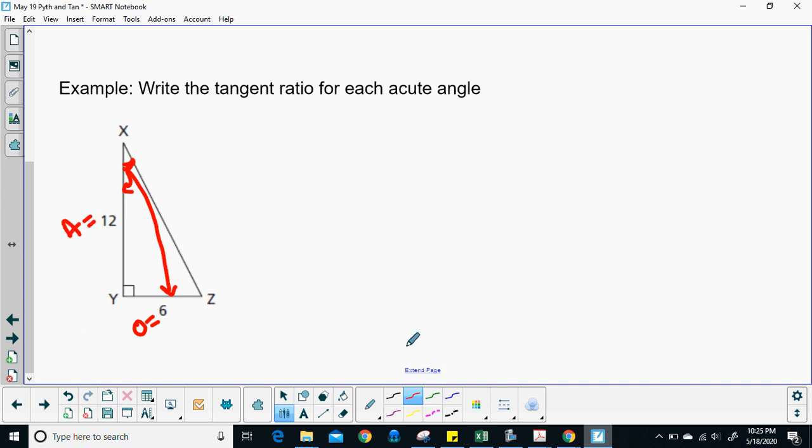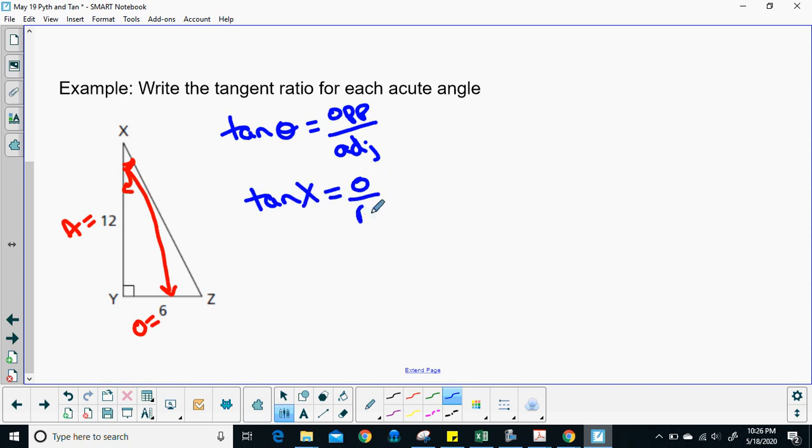And I don't care about the other side because it's my longest side. So tan of the angle is opposite over adjacent. So in this case, tan x is opposite over adjacent. And that's what we mean by a tangent ratio.